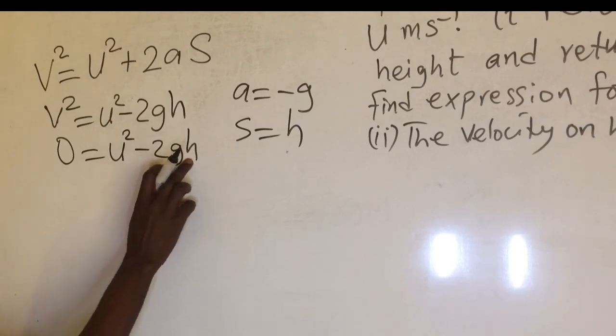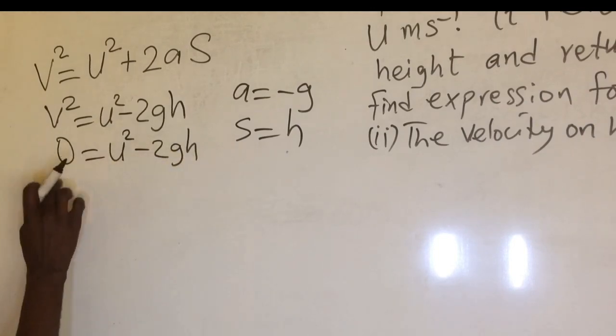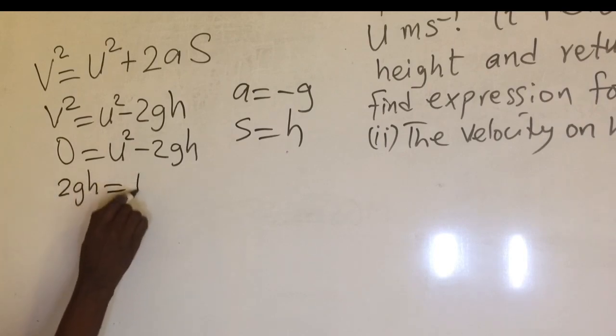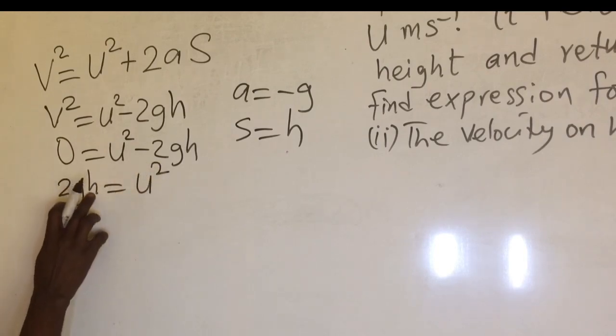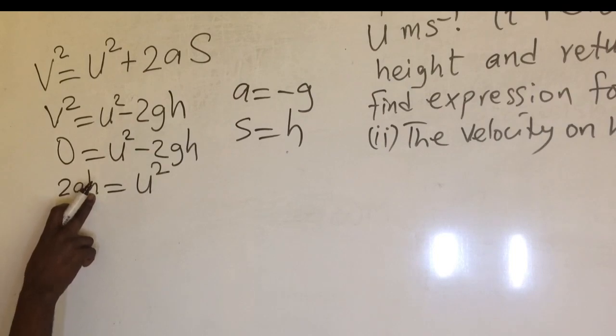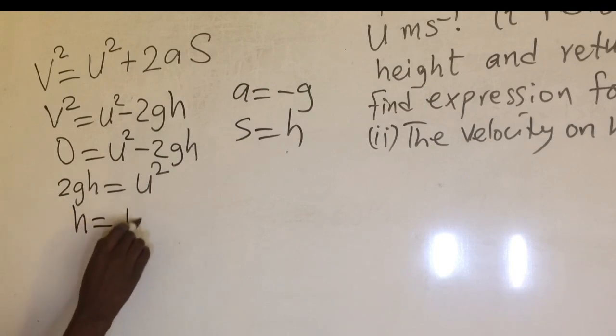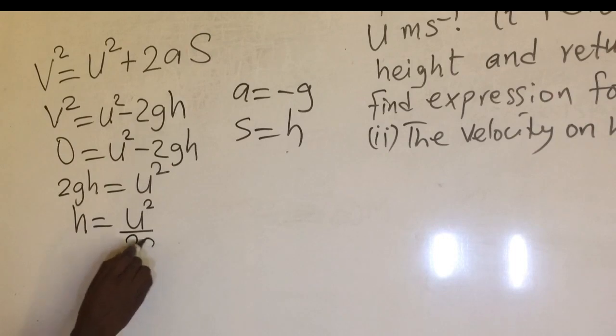Now taking this to this side, it will now be 2gh equals u squared. Making h the subject of the formula, the maximum height we are looking for is h equals u squared all over 2g.